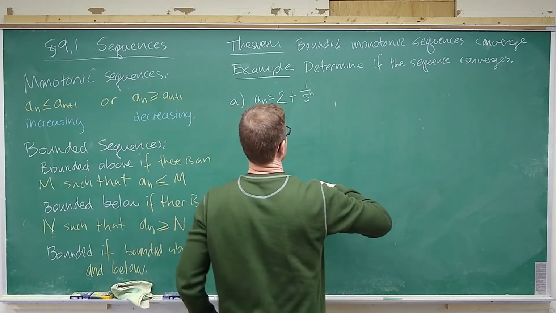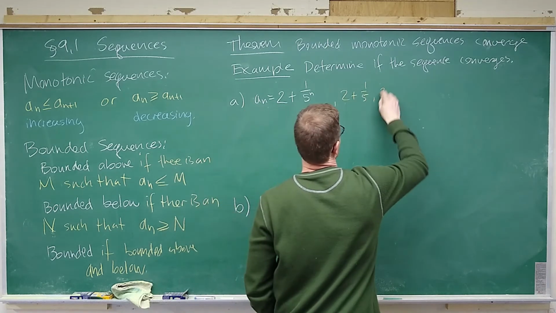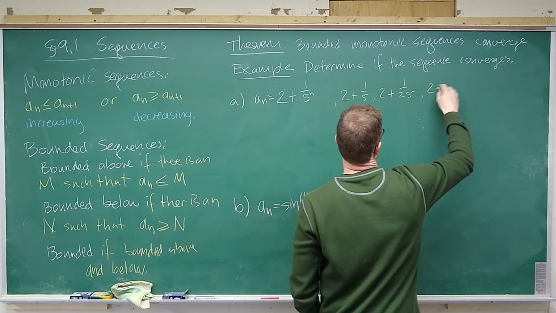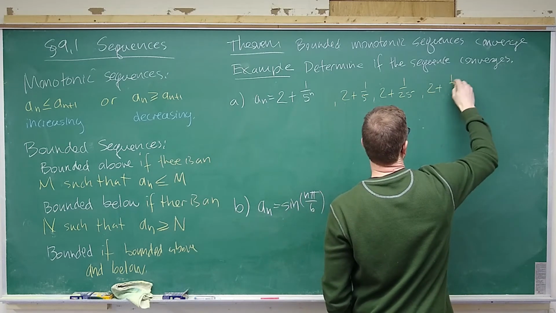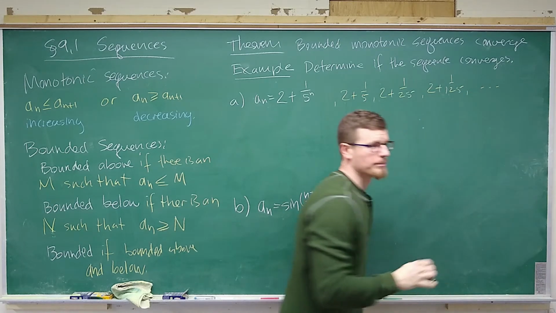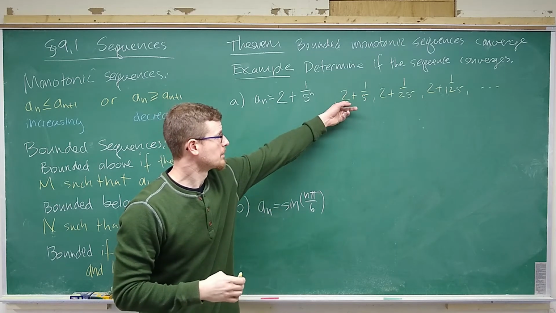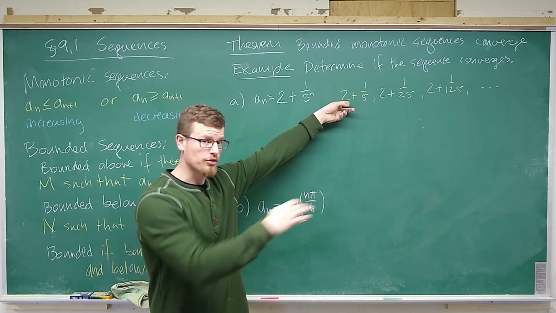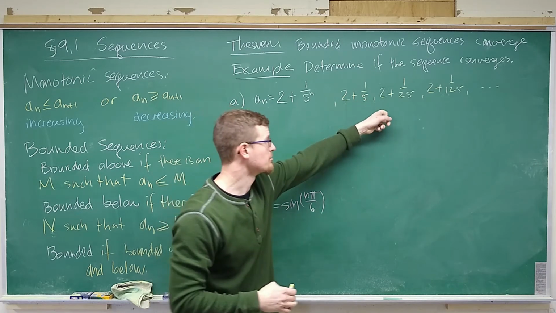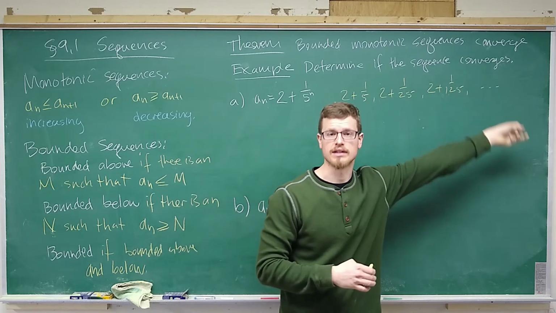So this is going to look something like 2 plus 1/5, 2 plus 1/25, 2 plus 1/125, and so on. So we're increasing 2 by a smaller value each time. So 2 plus a fifth, 2 plus a little less, 2 plus even less, 2 plus even less.